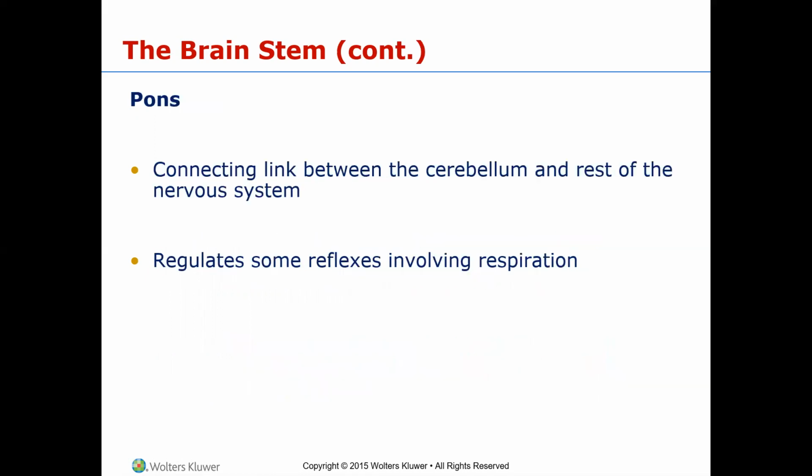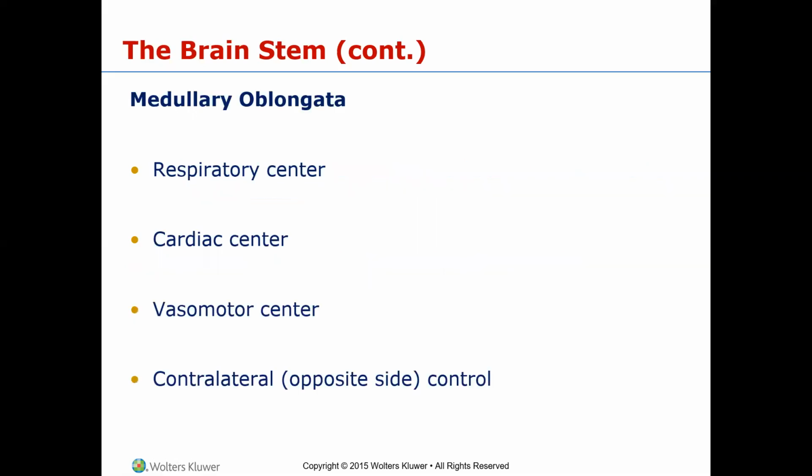The pons is that bulb that hangs out further in that area, and it connects the cerebellum, on the posterior part of the brain, and the rest of the nervous system, and it regulates some of the reflexes involved in respiration.